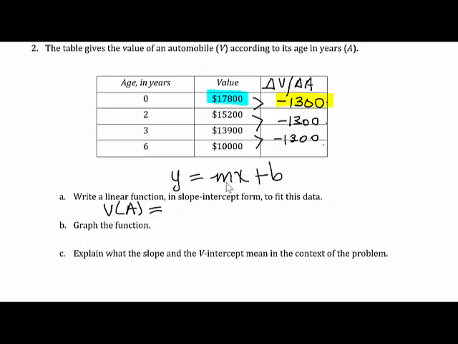So writing the equation in y equals mx plus b, or slope-intercept form, we get negative 1,300 a plus 17,800.